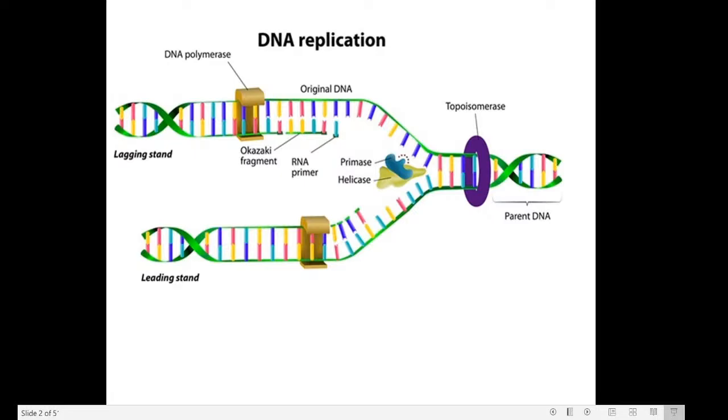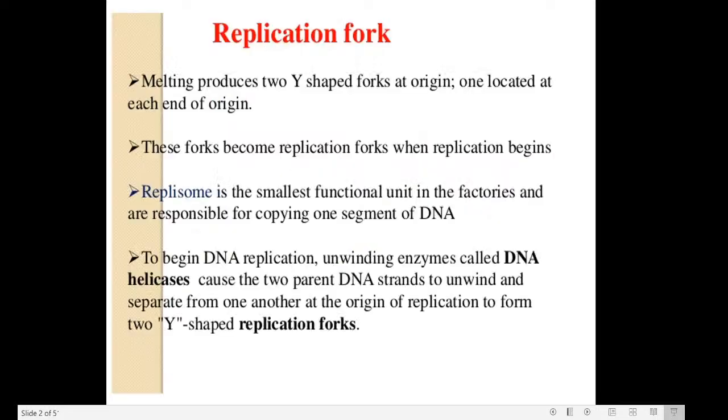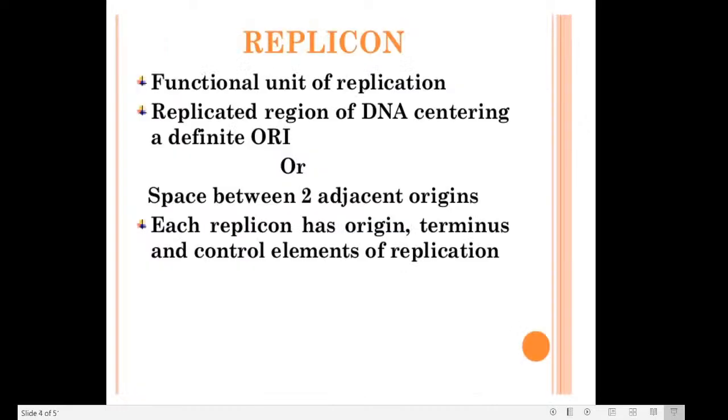That lagging strand only has the DNA polymerase enzyme, and this DNA polymerase enzyme helps to extend the DNA. It's all about the replication fork. The replication fork is the initial stage of replication, and a replicon is the region dividing two adjacent origins.